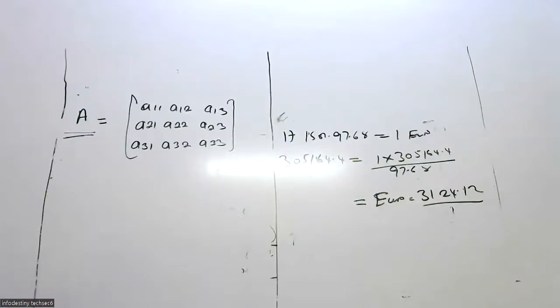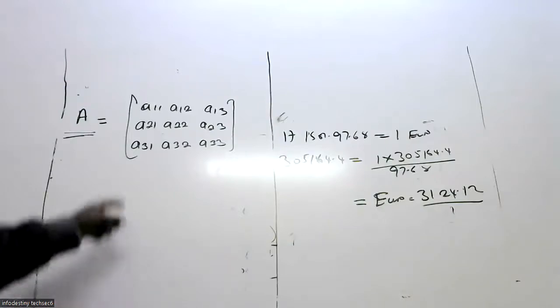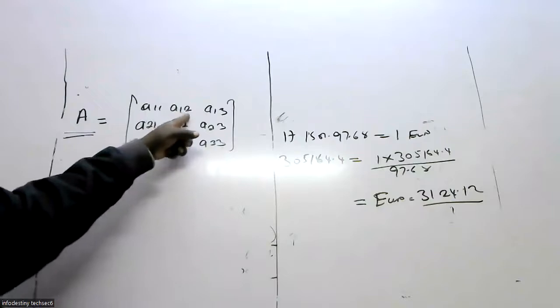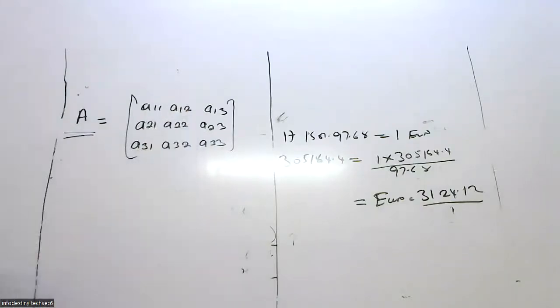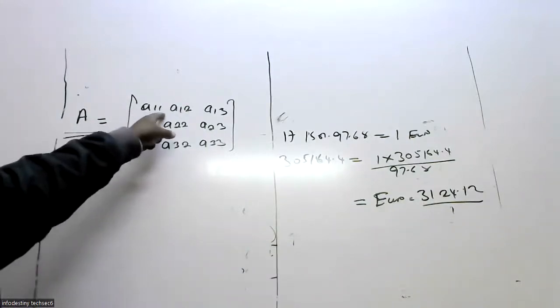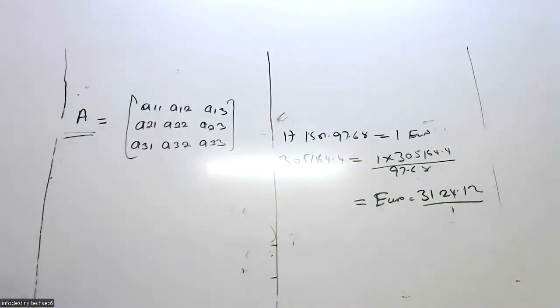So the element A12 appears in row 1, column 2. Row 1 and column 2.